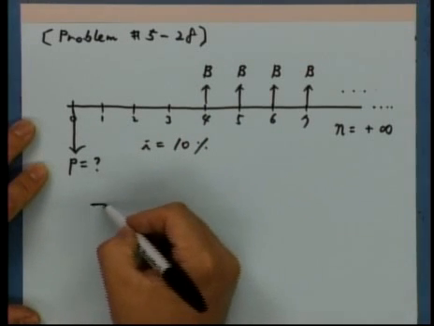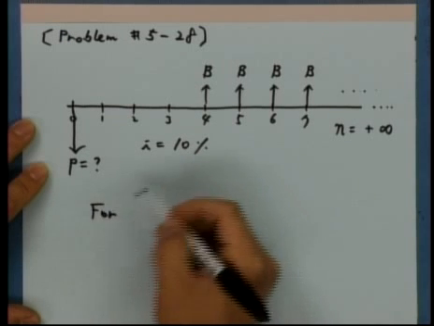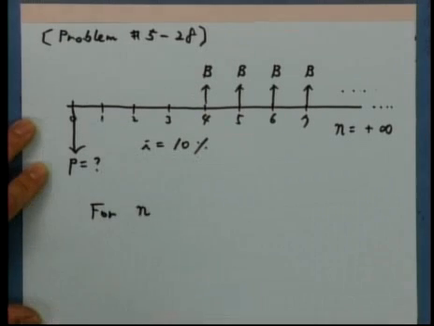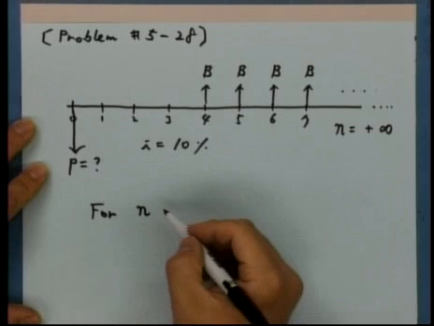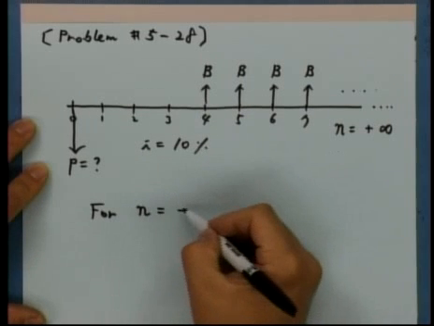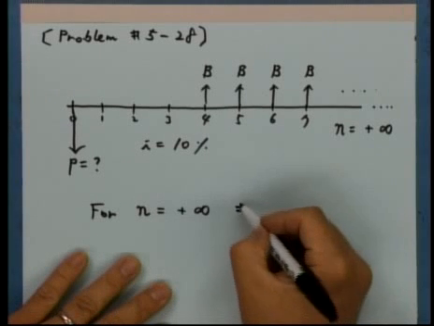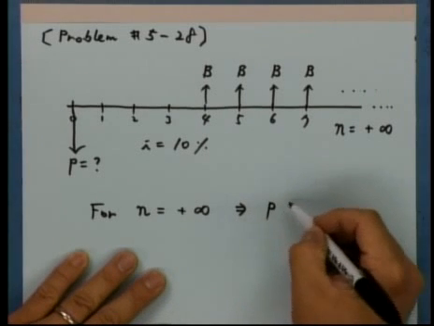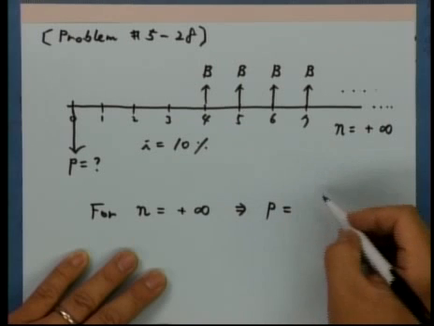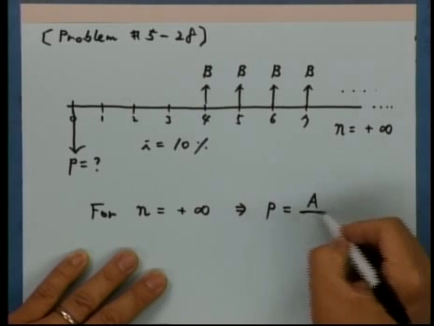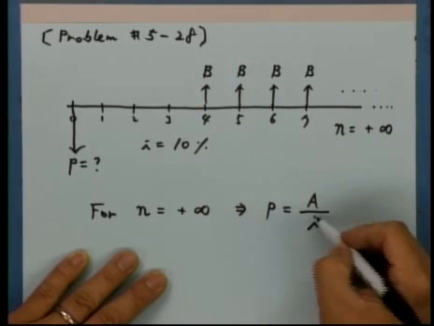So we know that for the analysis period is positive infinity, the capitalized cost P is equal to A over I, right?